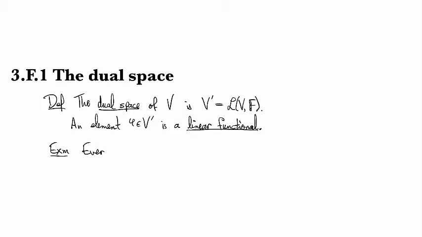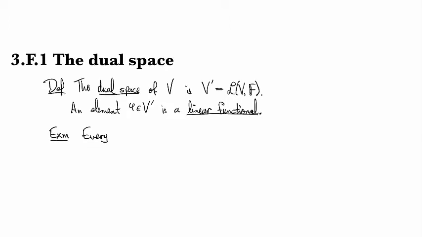Okay, so let's look at an example. So if we have just good old F^n, every phi in (F^n) prime looks like, let's see, well, it's supposed to be a map from V into the base field, so x is going to be our element of V here. And I'm going to say, what is phi of x? Well, it's going to be some linear function of the input variables.